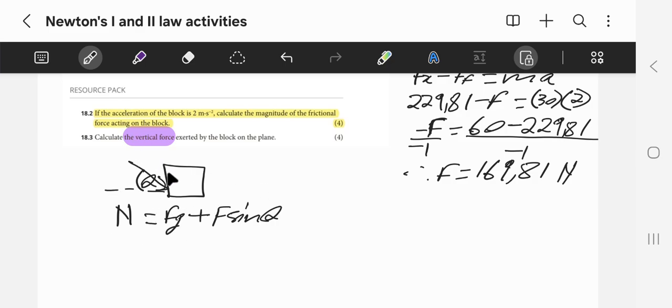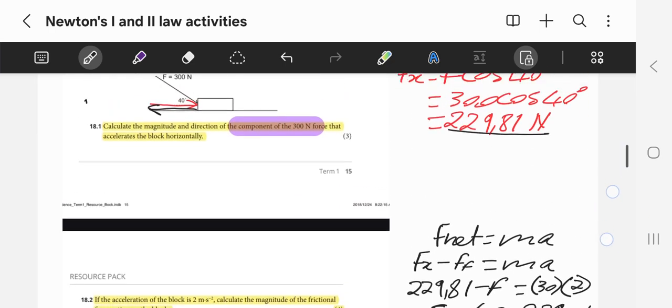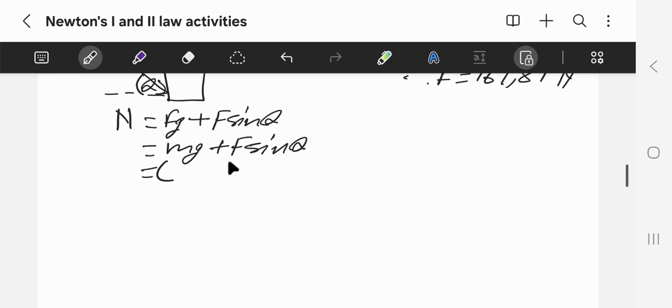So that's what we are going to basically use to calculate the normal force. But we know that Fg actually stands for mg plus F sine theta. And our M in this case, guys, is going to be what? The mass of this object, which is 30. So that is the mass of the object. It's 30.